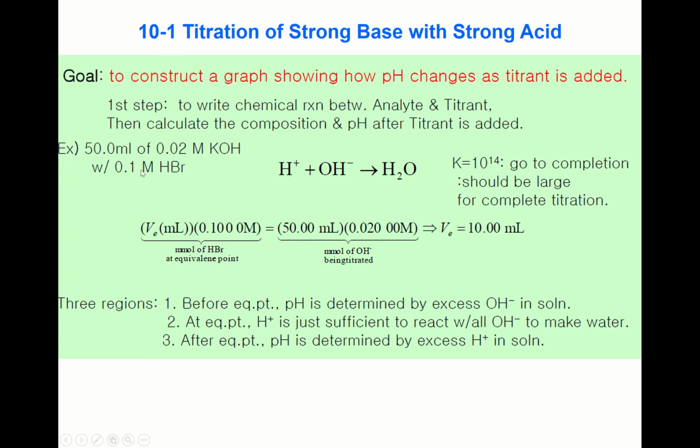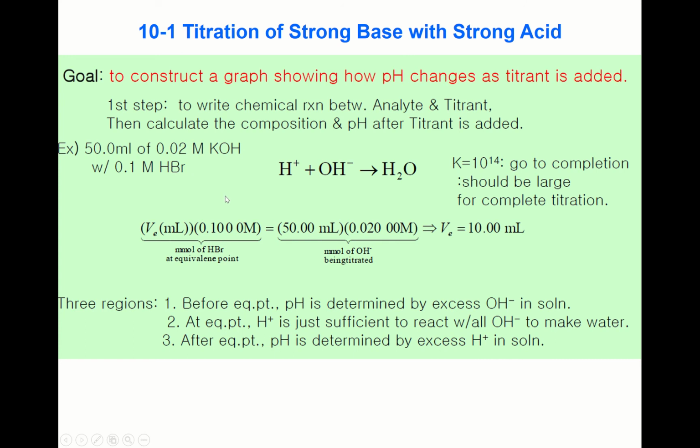This is a one-to-one reaction, so the number of moles of hydroxide ion equals the number of moles of proton ions at the equivalence point. So we can very easily calculate.